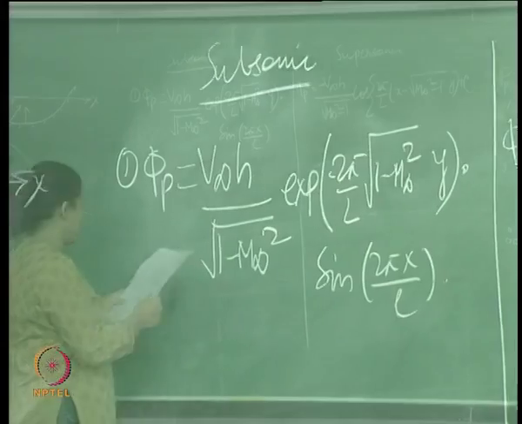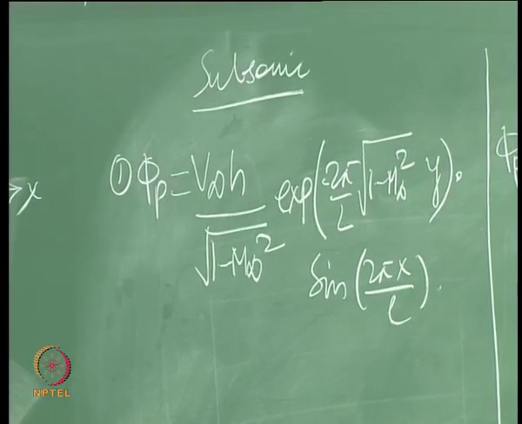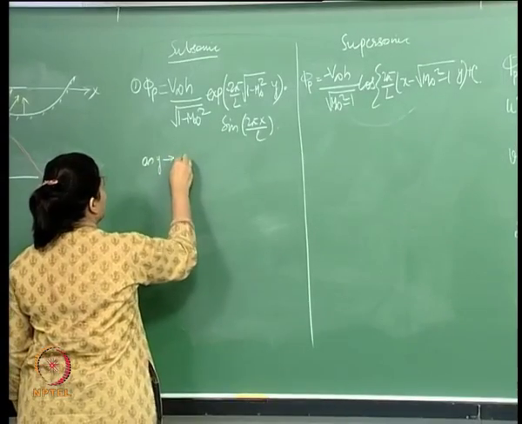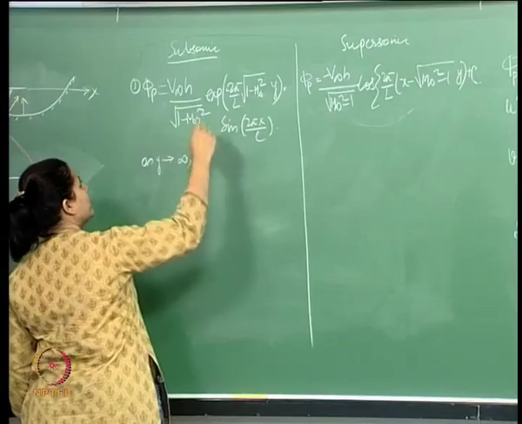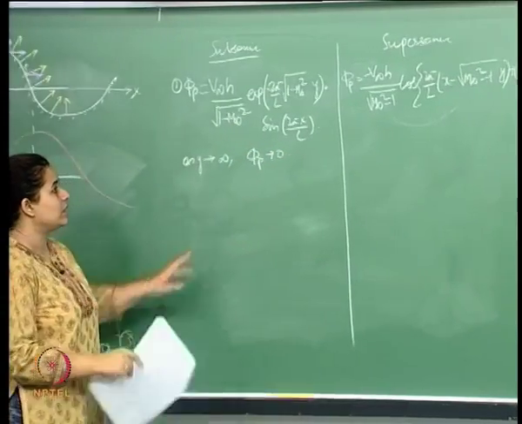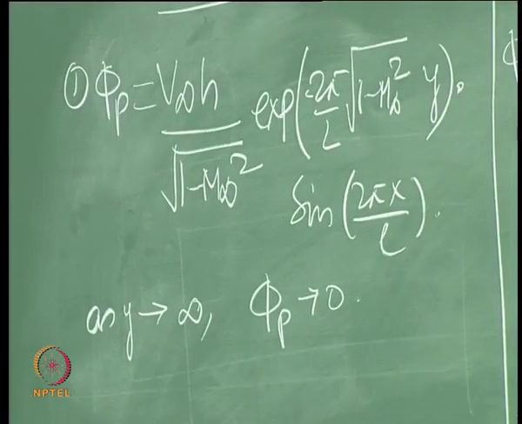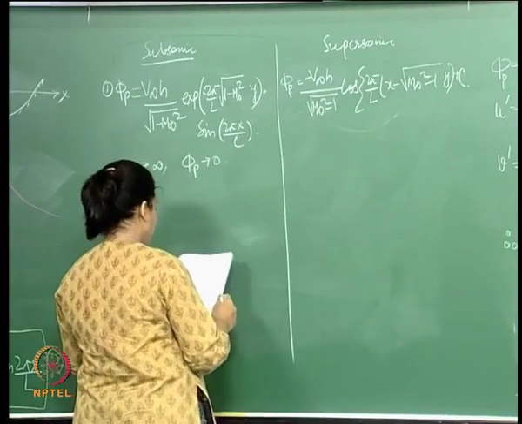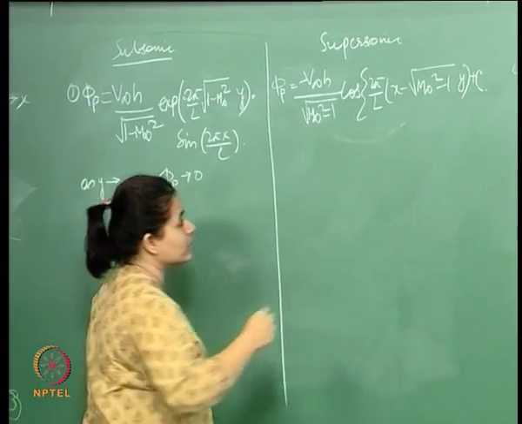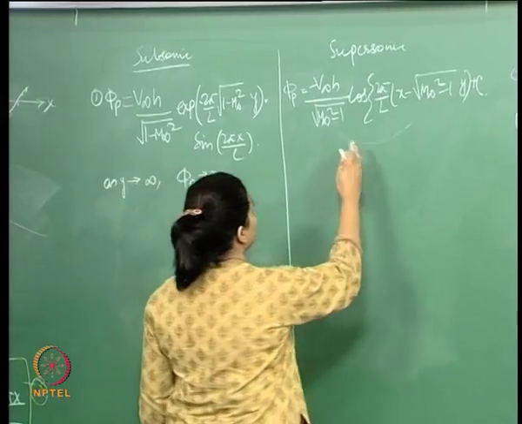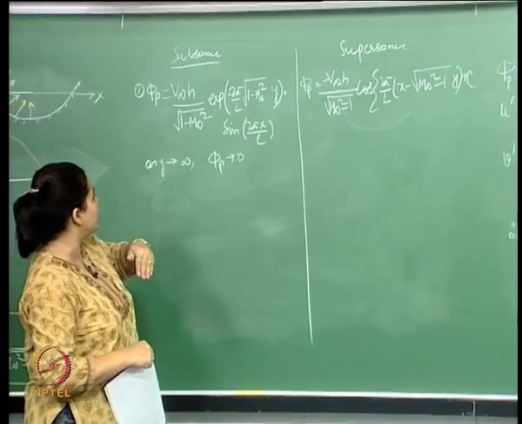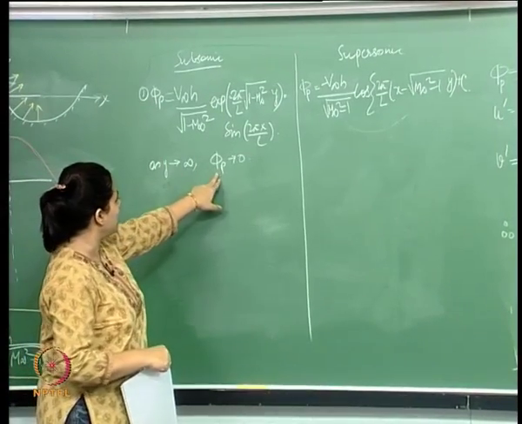As we had seen, as y tends to infinity, as we go farther away from the wall, this disappears. Here, this does not die out. In the supersonic case we can't say the same thing. It's not that if you move farther from the wall the disturbance dies out.